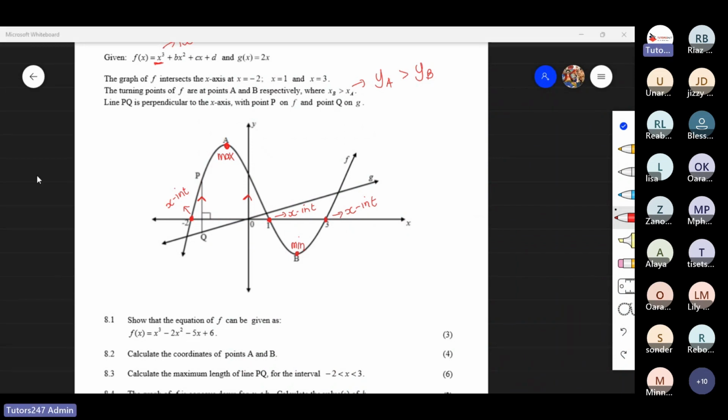Now, question 8.1, show that the equation of f can be given as f of x is equal to x cubed minus 2x squared minus 5x plus 6. So we basically need to find the equation of f whereby b is equal to -2, c is equal to -5, and d is 6.